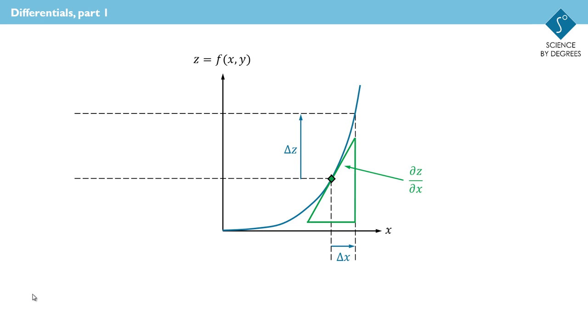Now, if the green tangent line were a good representation of the curve for z, then this would be the change in z over that small change in x, and it would be given by an expression using the rate of change. So the change in z is the rate of change of z with respect to x multiplied by whatever change in x we have.